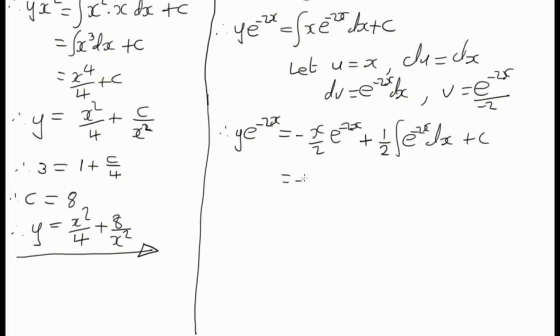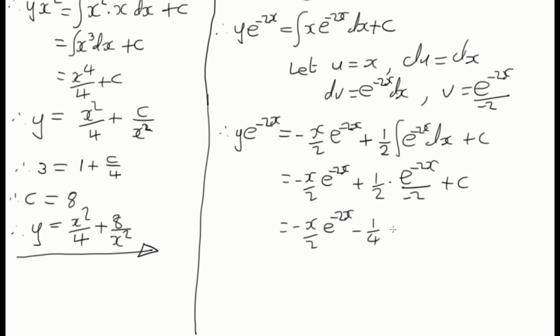Therefore what do we have? We're having minus x over 2 e to the minus 2x, plus 1 over 2 times e to the minus 2x all over minus 2, plus a c. We're therefore having minus x over 2 e to the minus 2x, minus 1 over 4 e raised to minus 2x plus c.